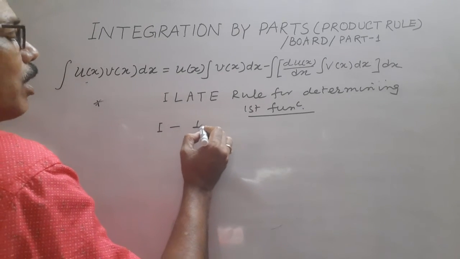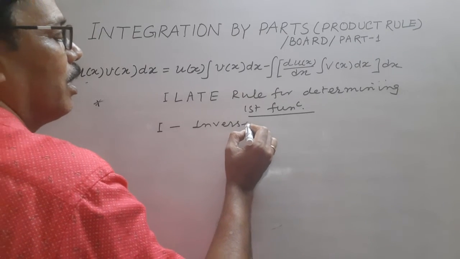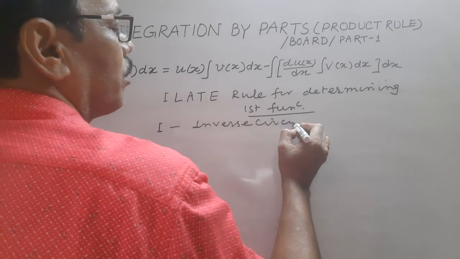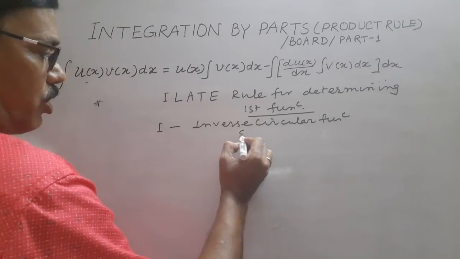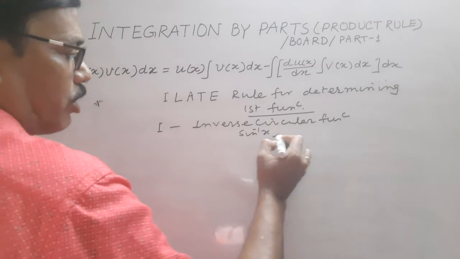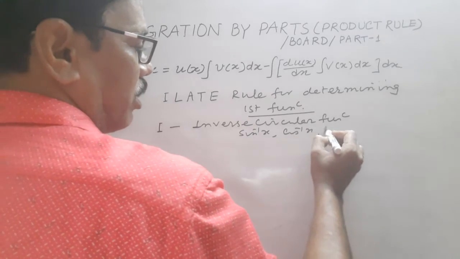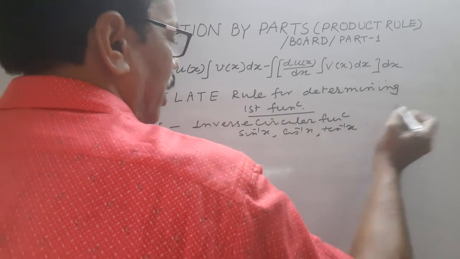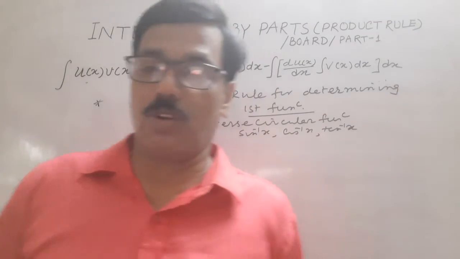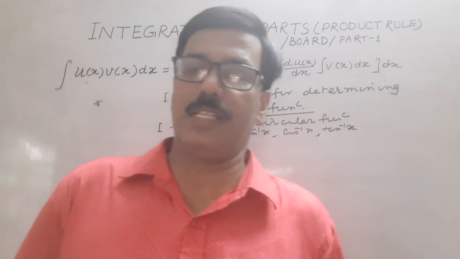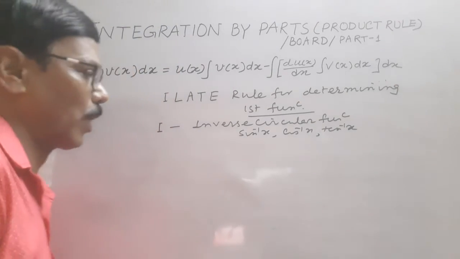I for inverse circular function. So it has first preference. Sine inverse, cos inverse, tan inverse, they are inverse. If inverse circular function is occurring, we take this as first function.